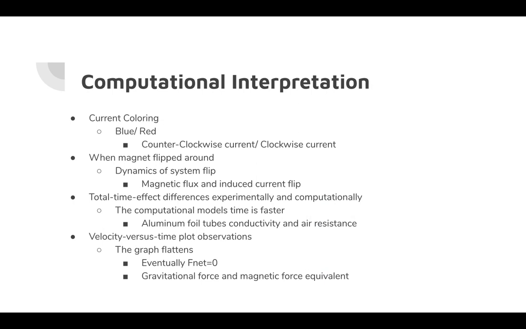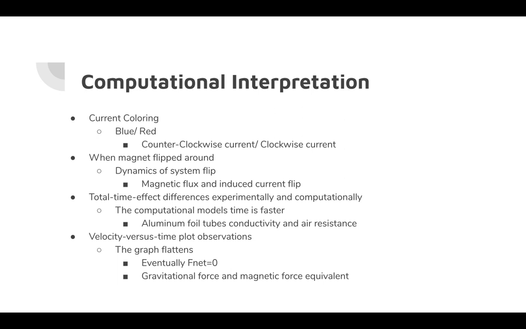So some computational interpretations were that the coloring of the magnet, whether it was blue or red, showed the current's direction. So my current was red, which means that it was clockwise. And if the magnet flipped around, the dynamics would be flipped for the entire system. So the magnetic flux and the induced current would also flip.